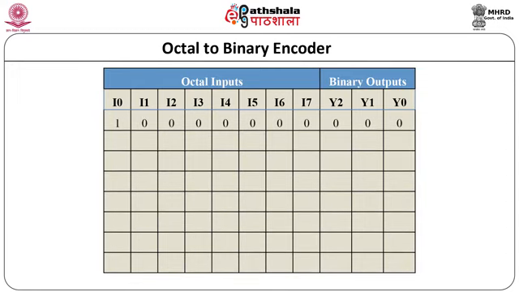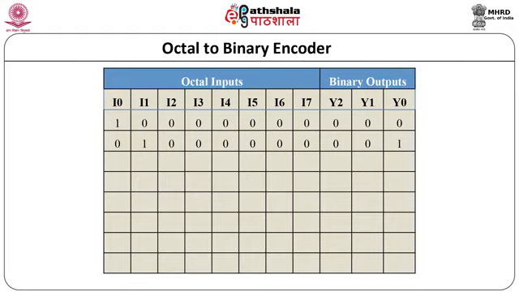Let us consider I0 is equal to 1 and other inputs are at logic 0. The binary output for this combination is 0, 0, 0. Let us now consider I1 is equal to 1 and other inputs are at logic 0. The binary output for this combination is 0, 0, 1.